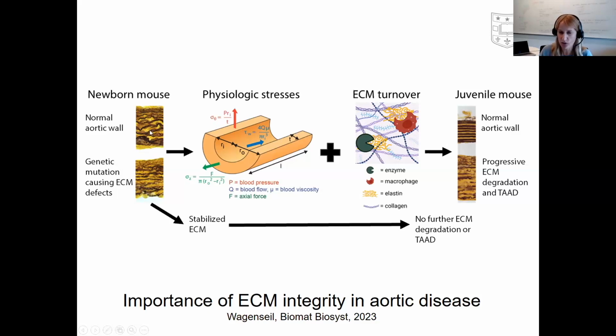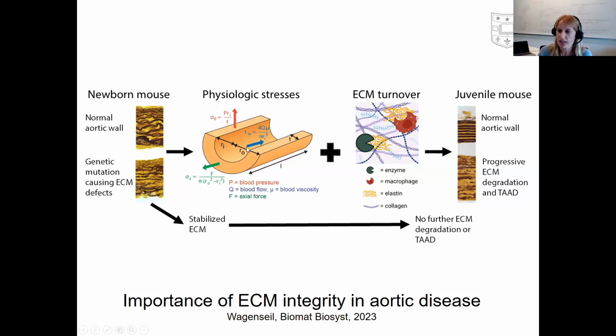And in the newborn mouse and humans, right, this aorta is exposed to physiologic stresses. And these stresses are different than like my students being stressed out during finals time. These stresses are forces that are divided by the area over which they're applied. And so you can have stresses that kind of try to pull the vessel apart, right, in this direction that are due to the blood pressure.